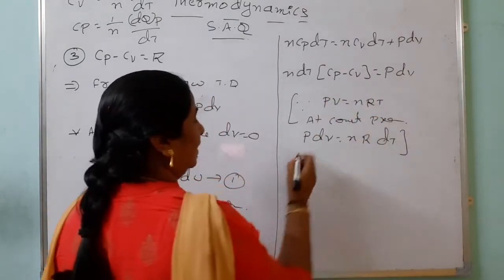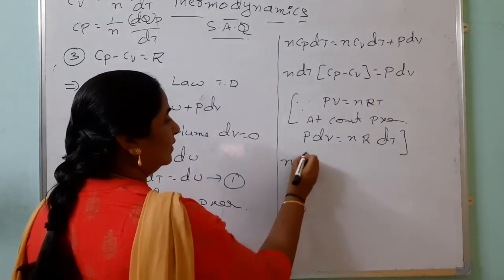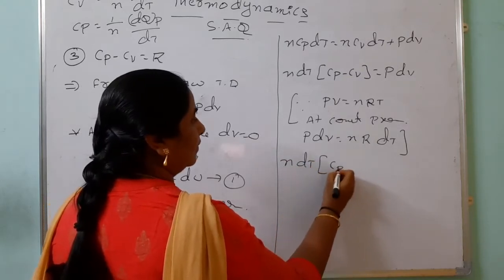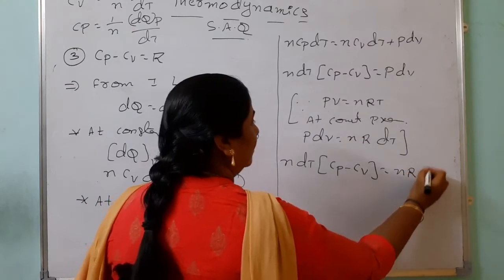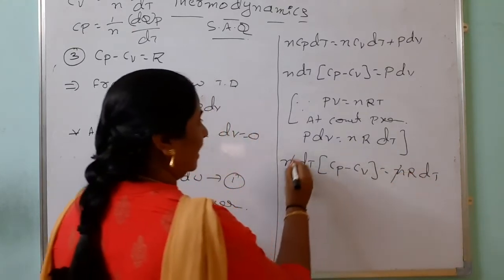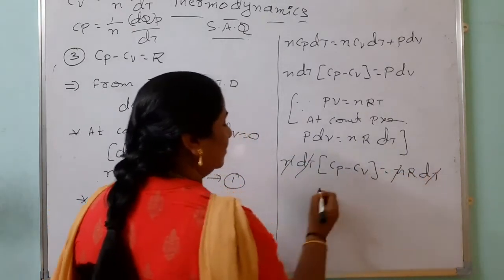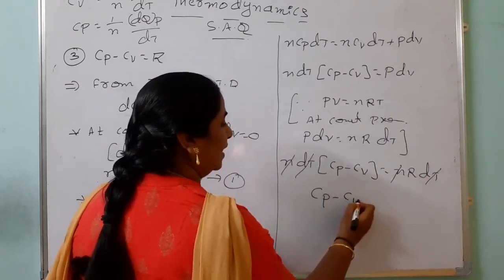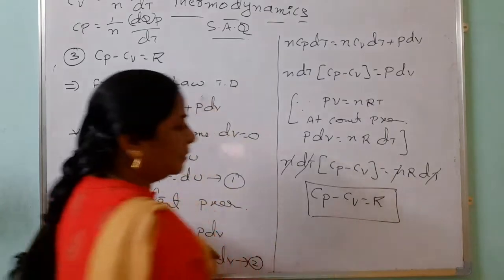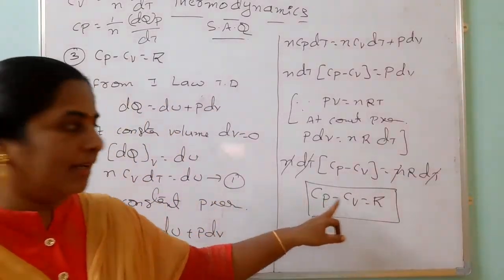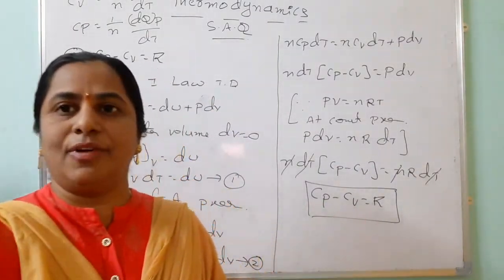So instead of PdV we write nR dT, and n and dT cancel. Finally, we get Cp minus Cv equals R. This is the relation between specific heat at constant pressure and specific heat at constant volume.